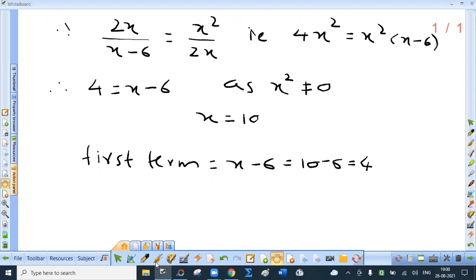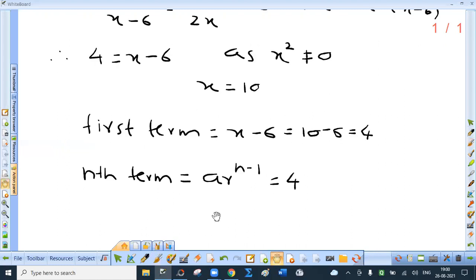And the nth term is asked. The nth term is ar raised to n minus 1. Now what is the first term? 4. Can you tell me the common ratio? Okay. We should have found that first.